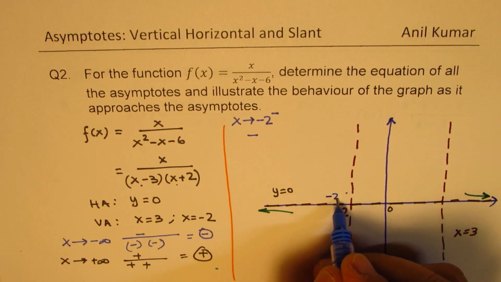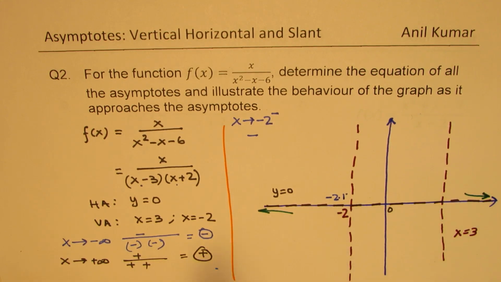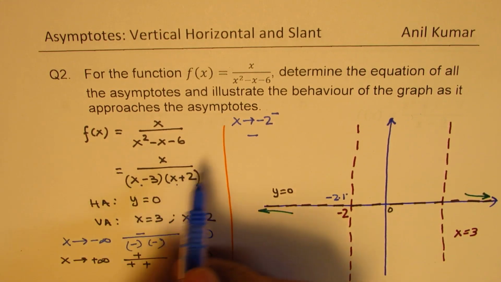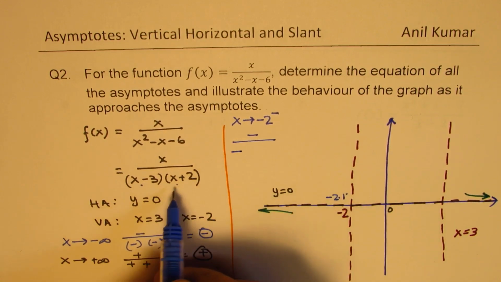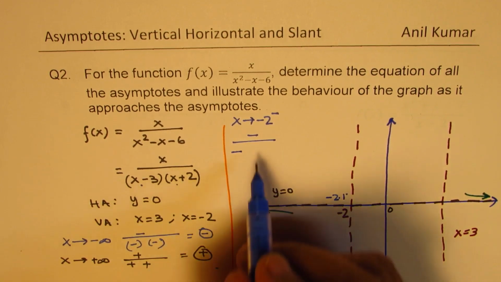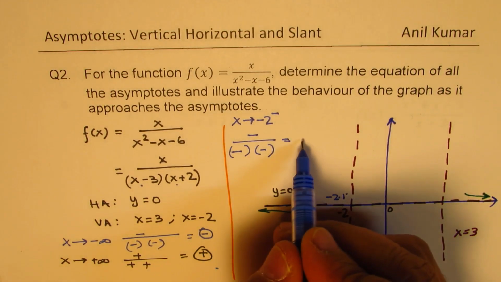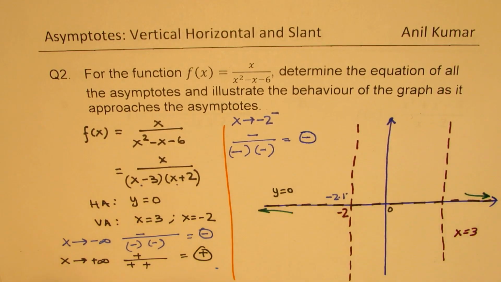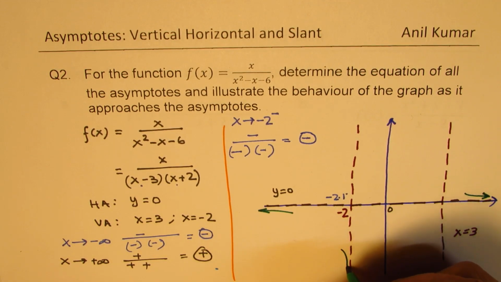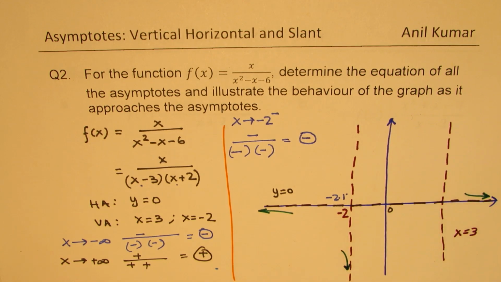We'll use minus 2.1 when approaching from this side. If I write minus 2.1, this is going to be negative, and that is also going to be negative, right? So we have negative, negative, and 3 negatives will result in negative. So that is so simple. So we get this graph approaching this side here. Is that clear to you?